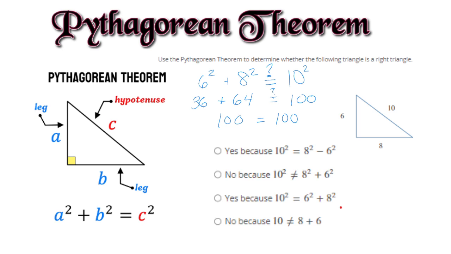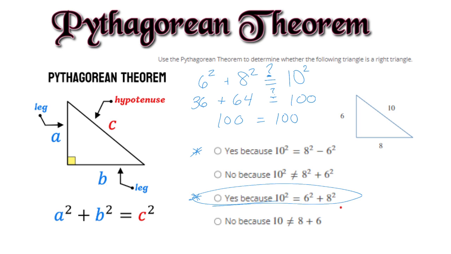If you get it to work out where that's a true statement, then your answer is going to be yes. So let's look at our two yes options here. Which one do we want? Yes, because 10 squared equals 8 squared minus 6 squared, or because 10 squared equals 6 squared plus 8 squared? This one. The Pythagorean theorem has you add those legs, not subtract them.